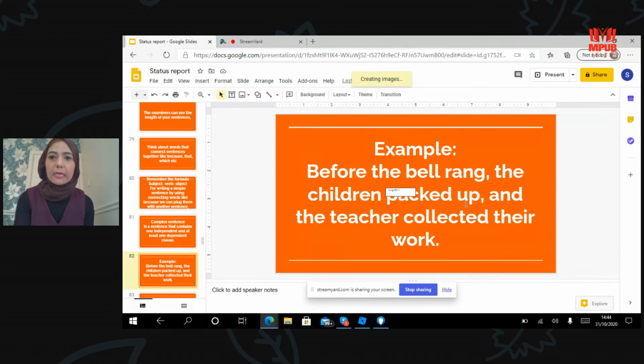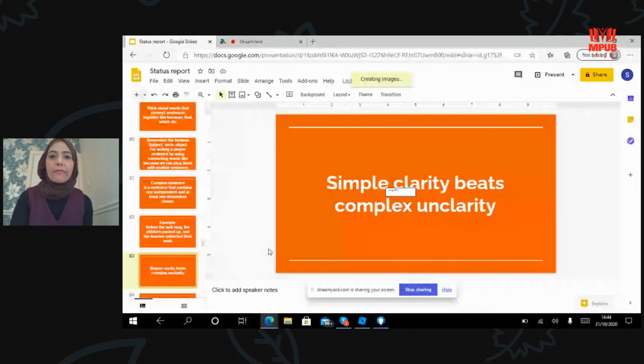So before has connected these two sentences together. And also remember with the IELTS, simple clarity beats complex unclarity, if that makes sense.